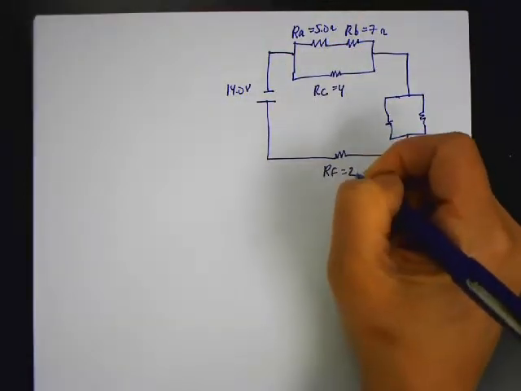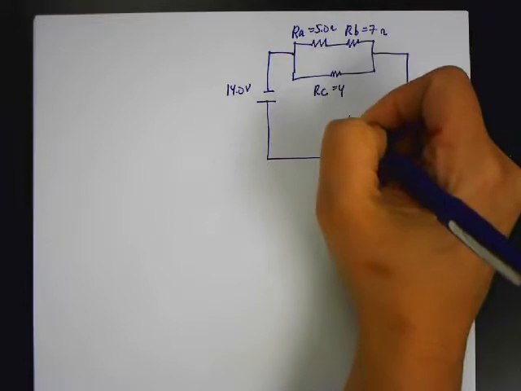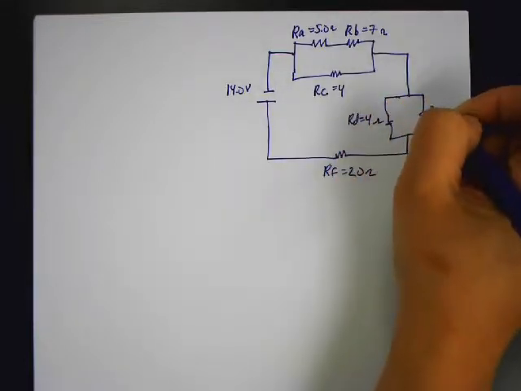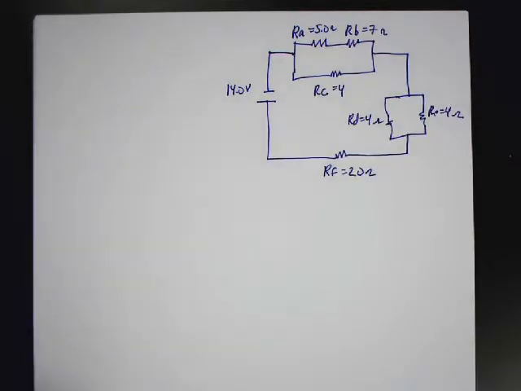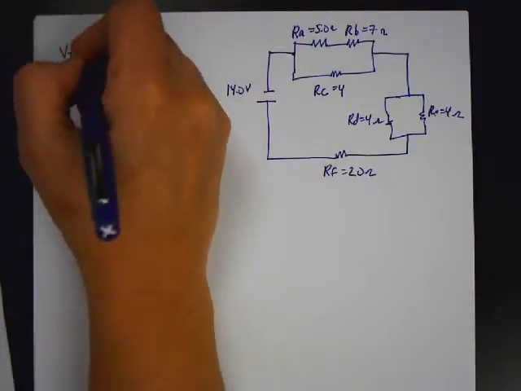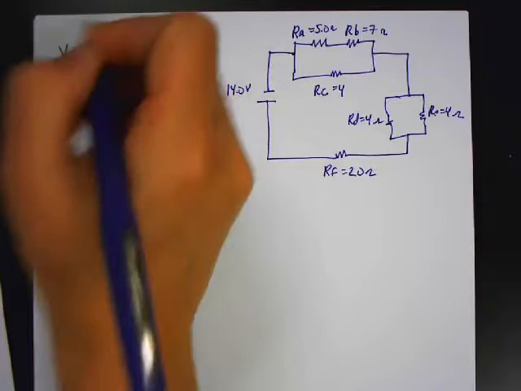RF is 2. RD is 4. And RE is 4. Okay. So, I know the total voltage is 14 volts.